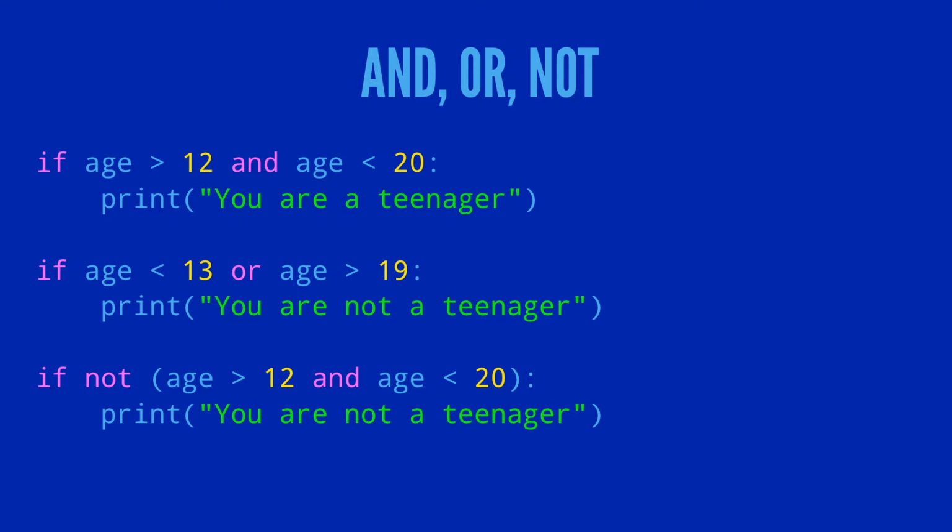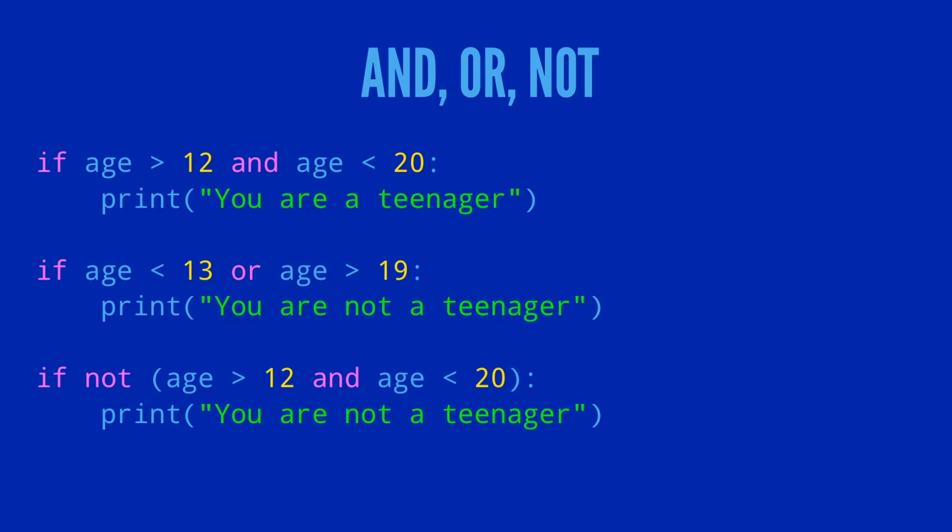So in this example, we're going to say that if age is greater than 12 and age is also less than 20, so the age would have to be 13, 14, 15, 16, 17, 18, 19. Those are the only numbers that are true for both of those statements together. So therefore, we would print the message, you are a teenager. So if you want to compare multiple things at the same time and have them all be true, you'd use an and statement.